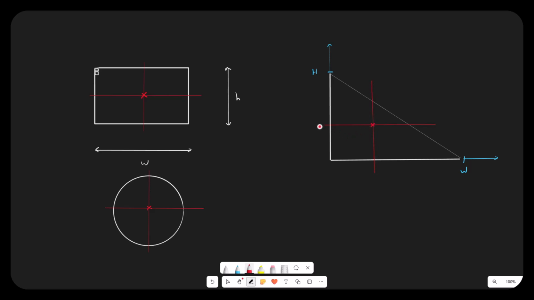At this point, where this is H over 3 as measured from my right angle, and this is W over 3 as measured from my right angle. That's it. We don't really need to get into more complicated shapes than that. Rectangles, circles, triangles, those are where we're going to be living.